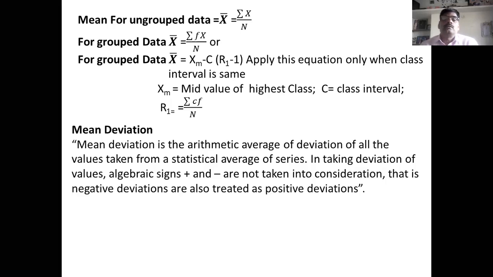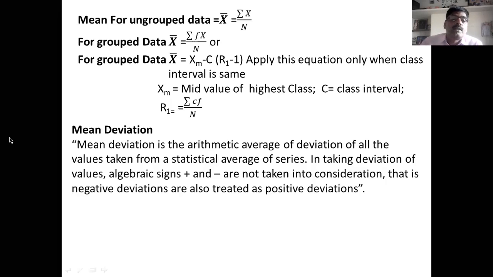So in calculation of mean deviation, whatever difference is there, that difference is to be expressed as a positive number. So you don't give a negative mark. Always it is expressed in positive. It may be a positive or negative difference, but the difference is to be taken.